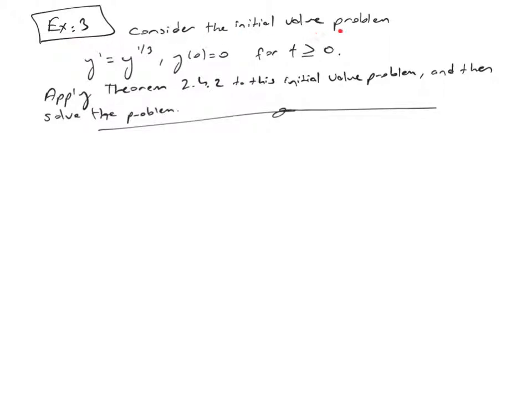Example 3. Consider the initial value problem y prime is equal to y to the 1 over 3 and y of 0 is equal to 0 for t is equal or bigger than 0. Apply Theorem 2.4.2 to this initial value problem and then solve the problem. f of t comma y is equal to y to the 1 over 3 is continuous everywhere.